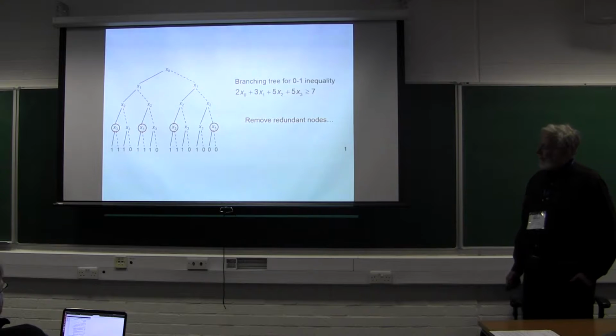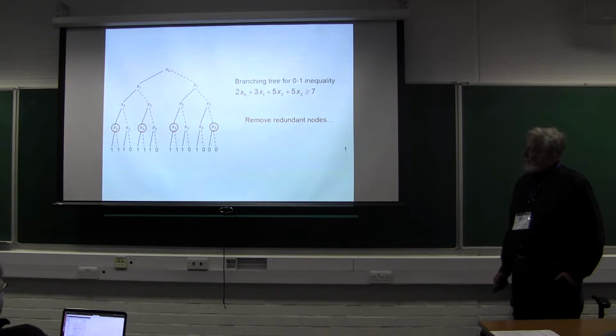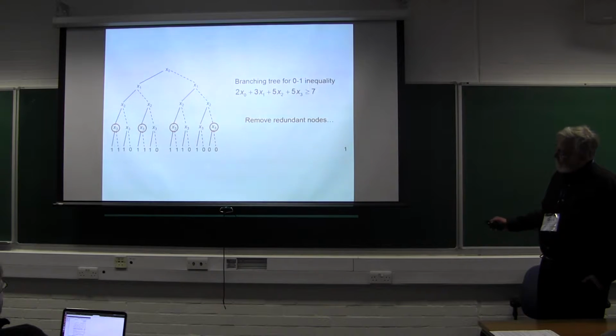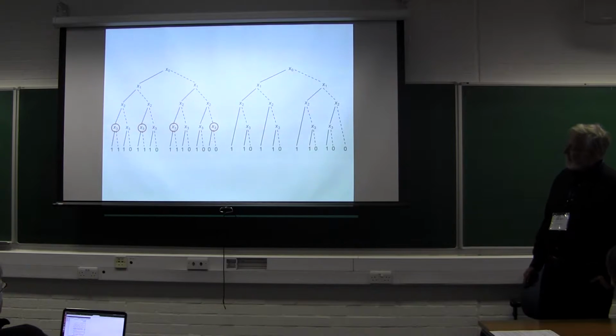Well, to create a reduced decision diagram, first of all, you get rid of nodes you don't need. For example, here, the outcome of both branches is the same, so we don't really need a branch there. You get rid of that.